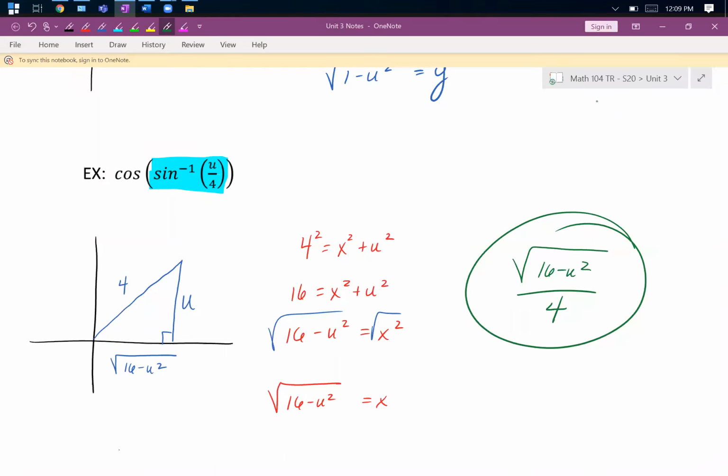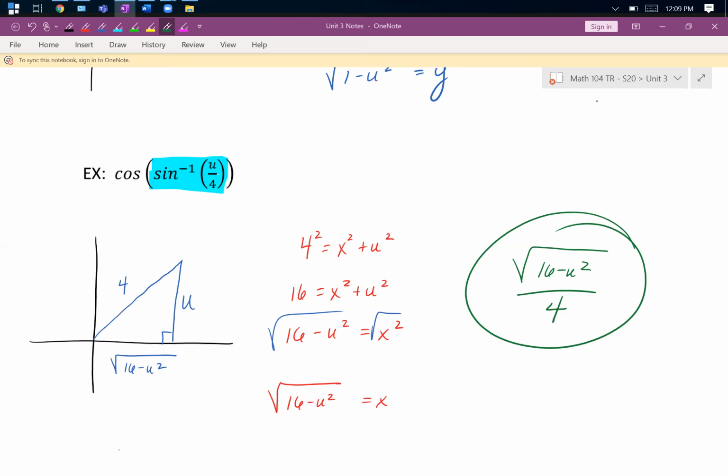Then I did the Pythagorean theorem to get my adjacent side because I'm going to need that for cosine. Cosine is my adjacent side over my hypotenuse. We end up with a final answer of the square root of 16 minus u squared, all over 4. Please remember that you cannot break up a radical over addition or subtraction, so do not turn that numerator into 4 minus u. It's got to stay just as it is.